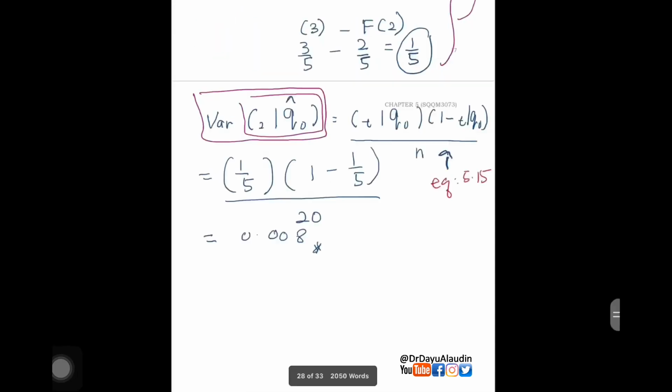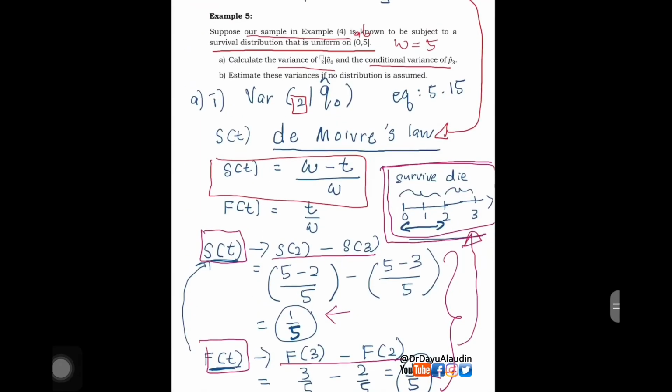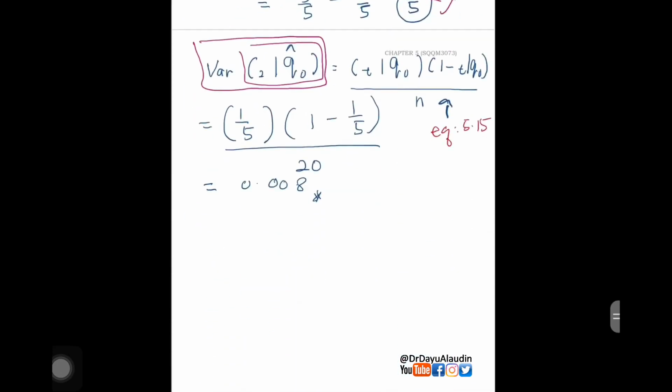So A2, still uniform distribution, for the conditional variance of P3. Variance for P3 given that N3.